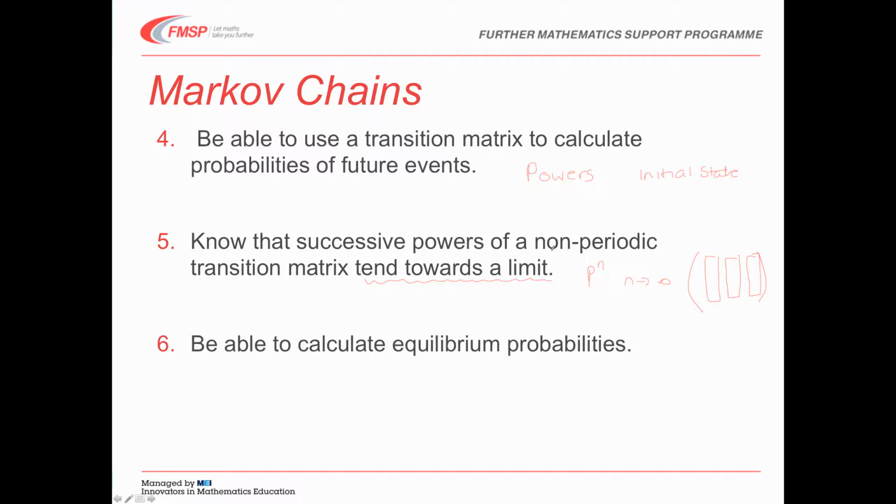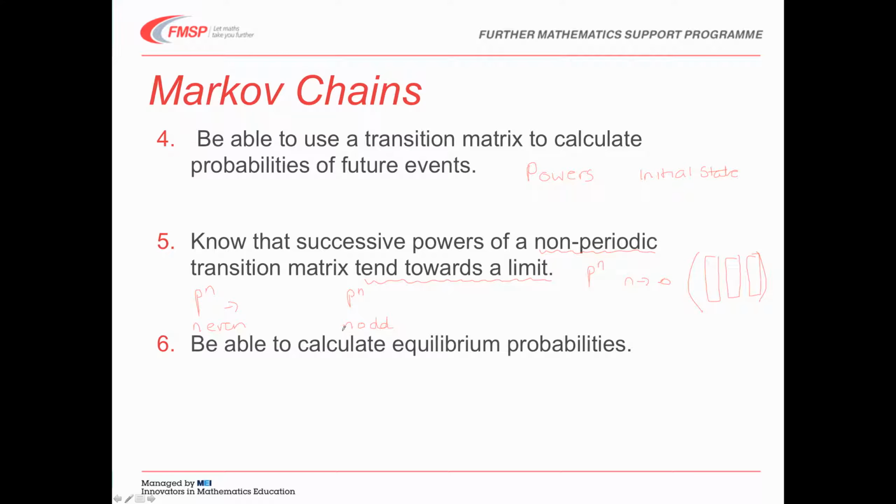Now, it mentions here specifically non-periodic. There's a couple of other things that can happen. We can have periodic matrices that we'll mention in a little bit, but they're ones where they alternate between different states. We can have ones where you've got p to the n tending to something where n is even, and something different where n is odd.